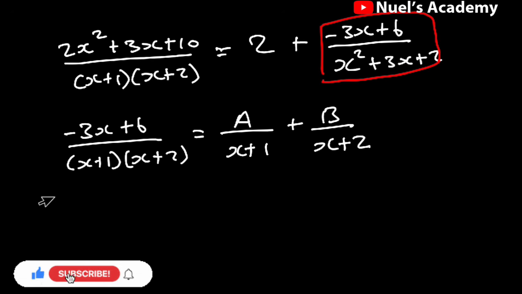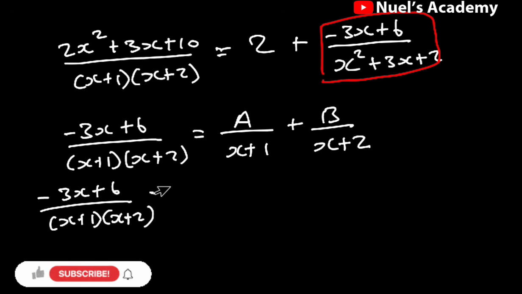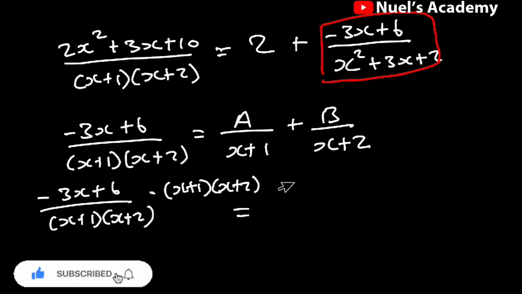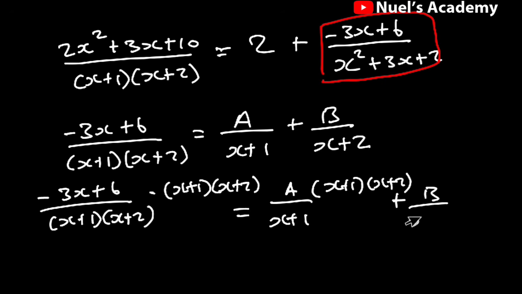Then we are going to multiply each term in this equation by the LCM. So we're going to have minus 3x plus 6 over x plus 1 multiplied by x plus 2, then this will be multiplied by x plus 1, x plus 2, and this is equal to a over x plus 1, then multiplied by x plus 1, x plus 2, then plus b over x plus 2 multiplied by x plus 1, x plus 2.